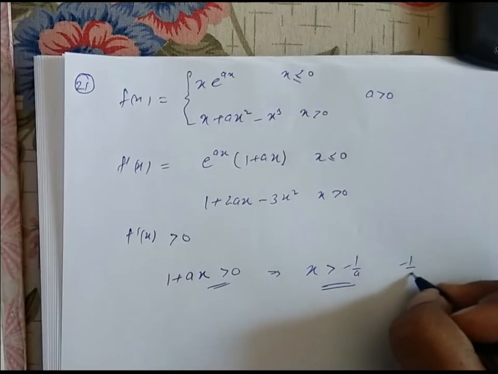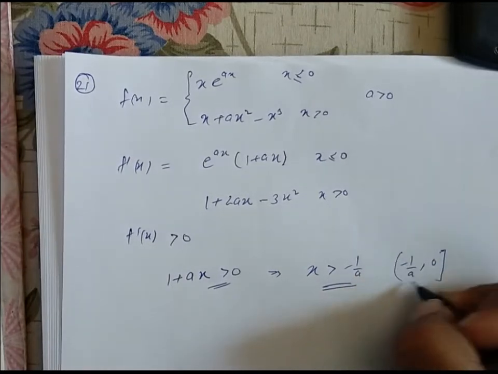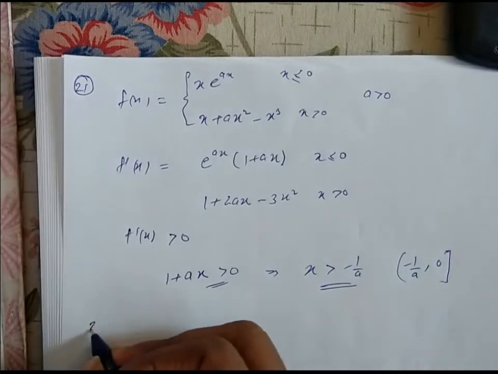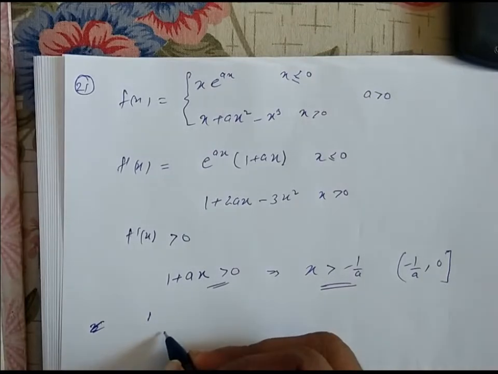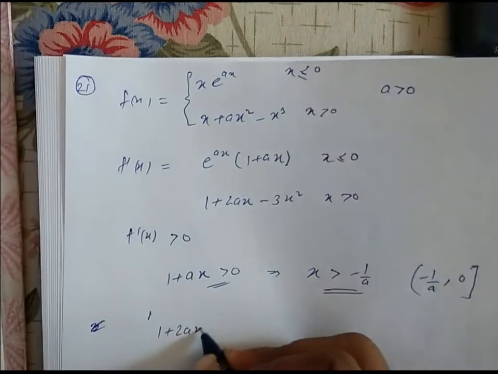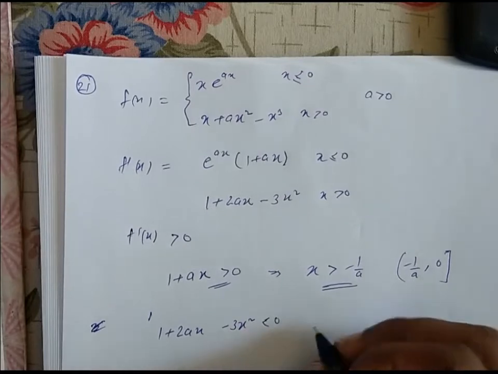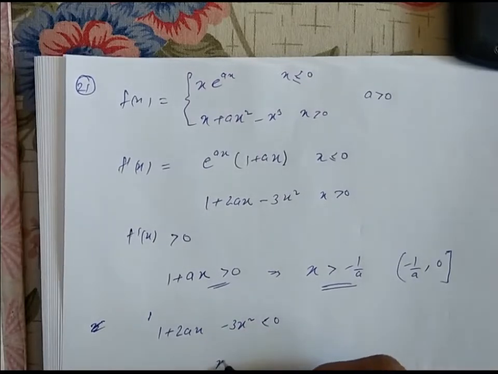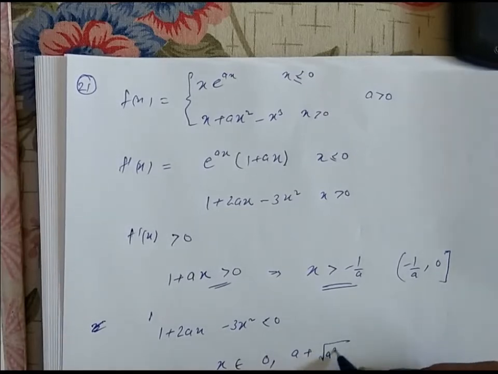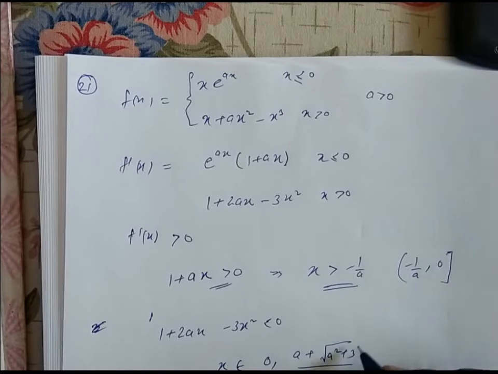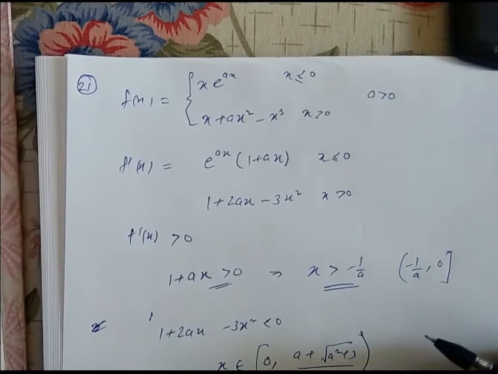So the range would be minus 1 by a to 0. Okay. Now for x greater than 0, 1 plus 2ax minus 3x square is greater than 0. Okay, so x would belong to 0 to (a plus square root of a square plus 3) by 3. Okay.